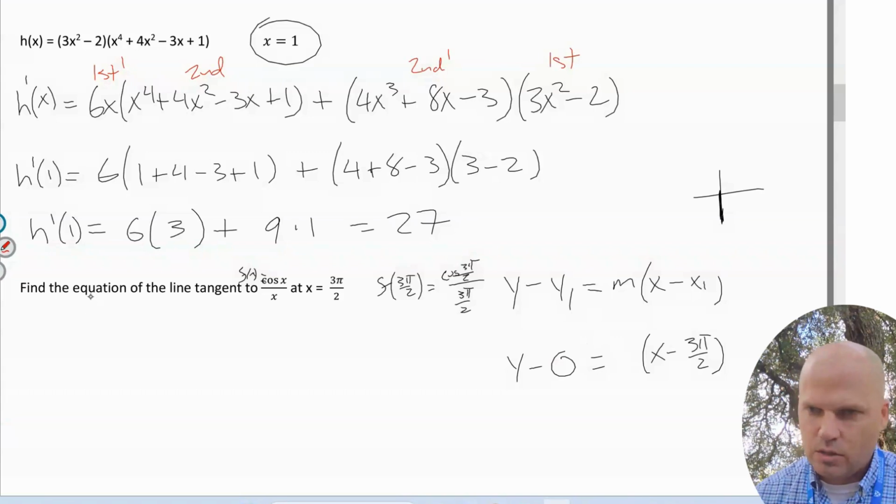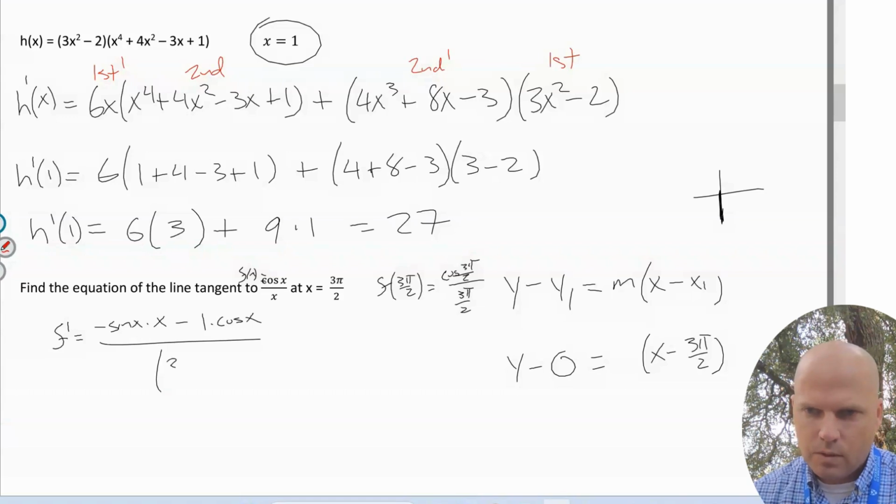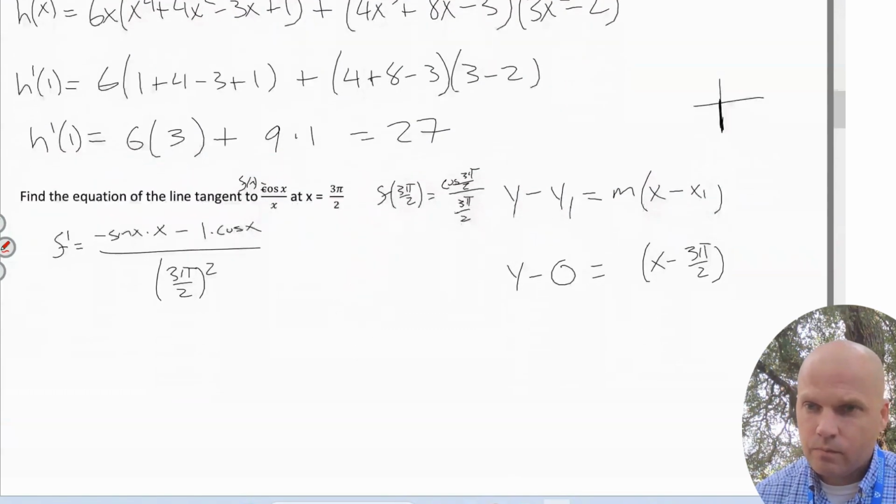Having a slope equation makes finding the slopes of the original function very easy. So I got the slope of the top times the bottom minus the slope of the bottom times the top over the bottom squared. I will have the sine of 3 pi over 2.